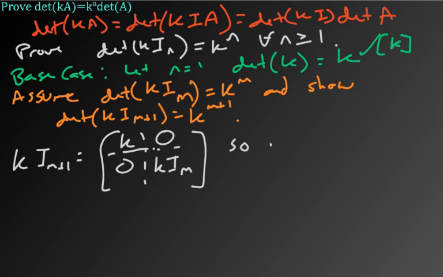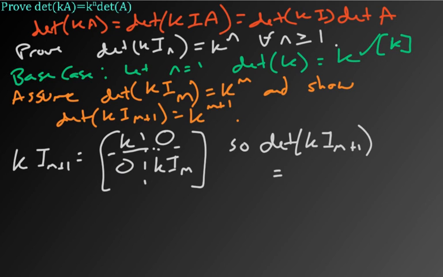And so the determinant of kI_(m+1) is just going to equal, if you literally do the determinant, you blank this out, these are 0 matrices, you do k times the determinant of the part down here.